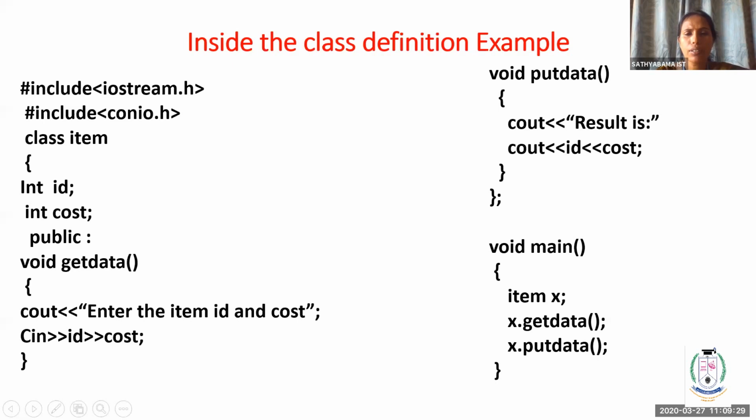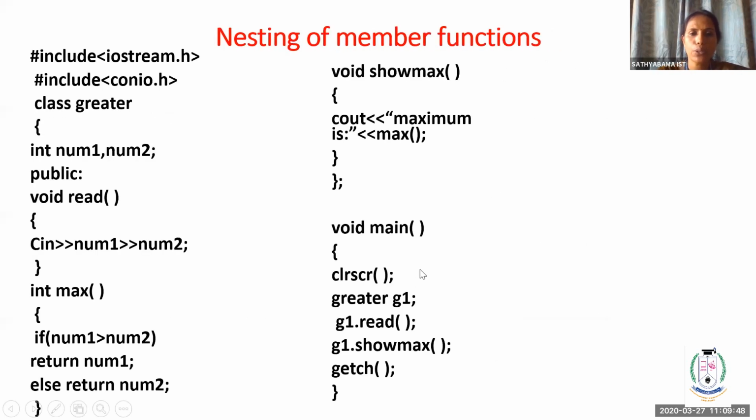After the execution, you get the output of getData as well as putData. So there are two ways you can implement the functions, either inside the class or outside the class. Inside the class is very simple, but outside the class, you have to use the scope resolution operator.